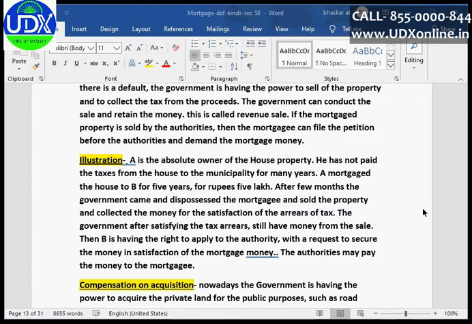He can make a request with the petition, with the document, the mortgage deed. He can make a petition to the authorities. He can request the authorities, "Sir, I am the lawful person who has paid the money to Mr. A. I do not know anything about the default.